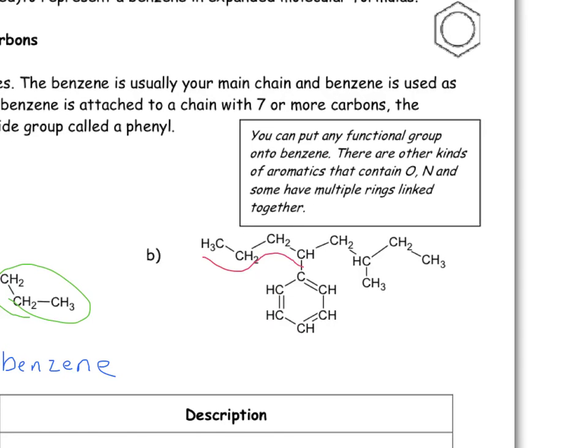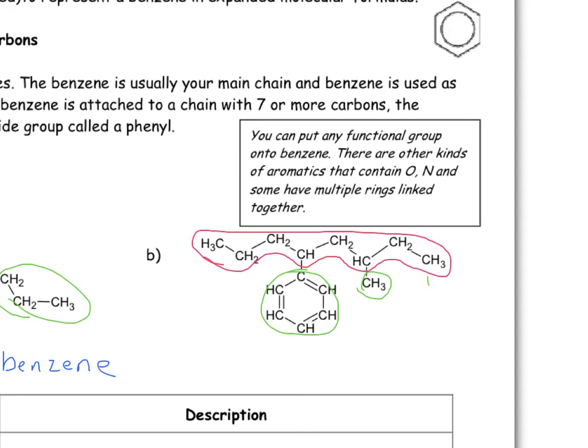So highlighted in red is my main chain. Now for numbering, I will get a lower number if I start from this end, because I have two side chains. I have a methyl and I have a phenyl group.